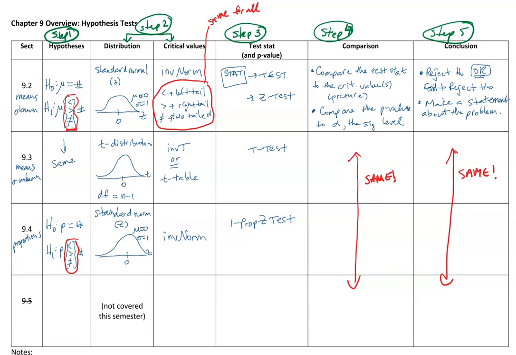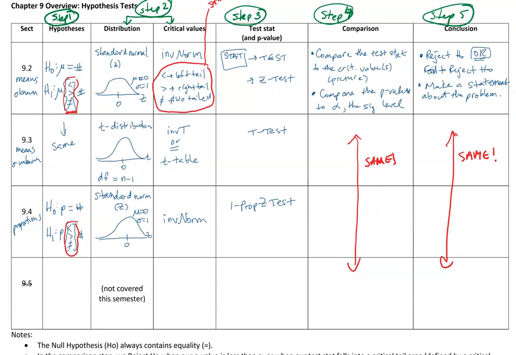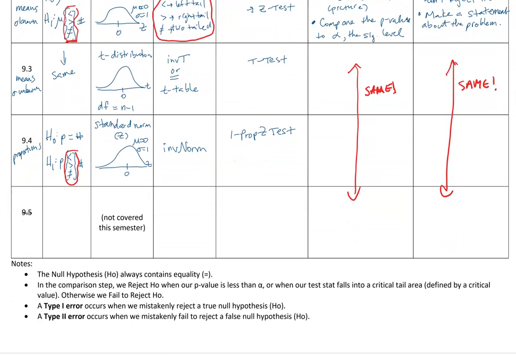All right, and then down at the very bottom, I've got some little notes for you. So the null hypothesis always contains equality. All right, and the alternative is that less than, greater than, or not equal to. In the comparison step, we reject the null when the p-value is less than alpha. I'm going to make that red because that's the important thing. When the p-value is low, the null must go.